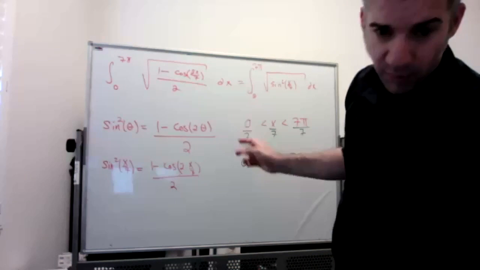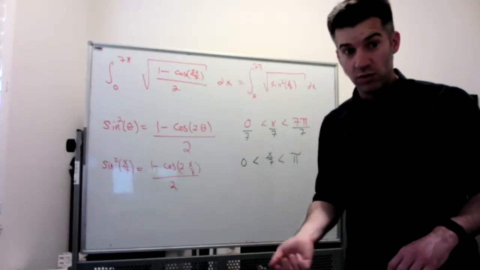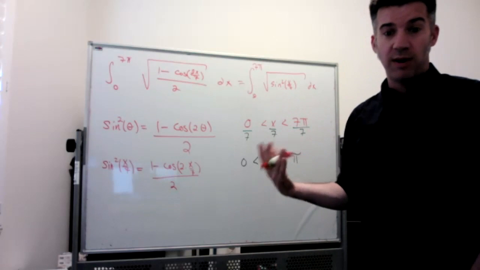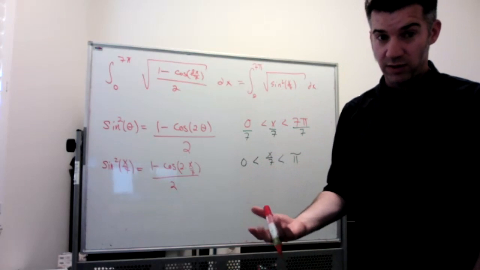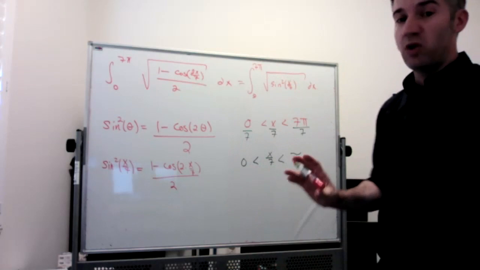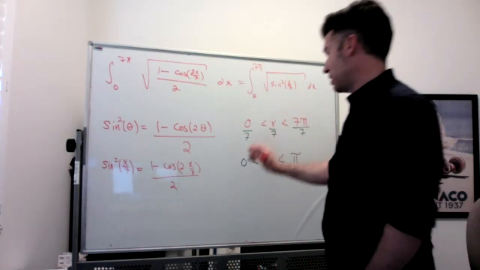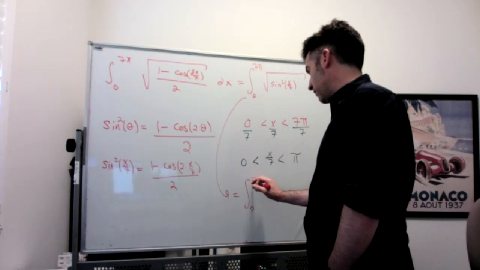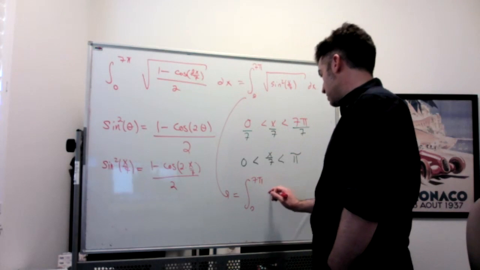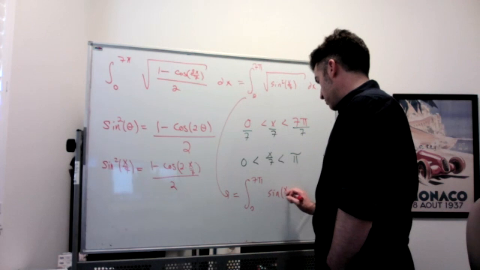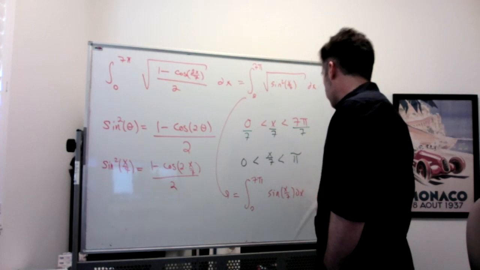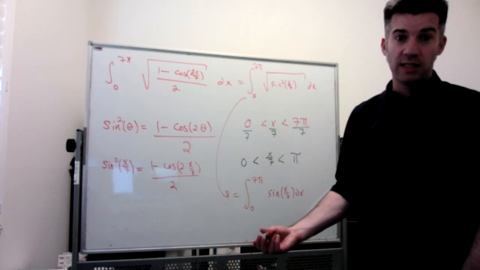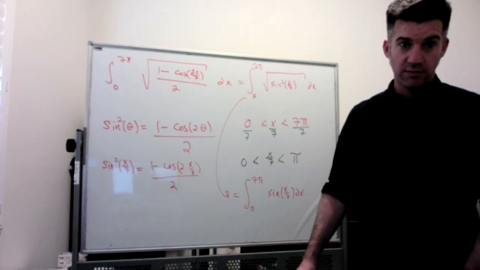In this problem it's not an issue, because sine is positive in the first and second quadrants. So it would be totally legitimate to just say this is equal to the integral from 0 to 7 pi of sine of x over 7, because sine is positive in both the first and second quadrants.